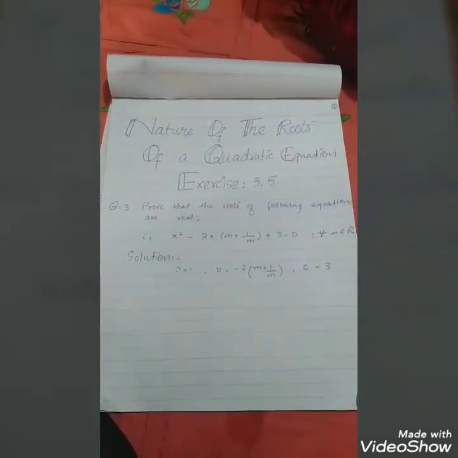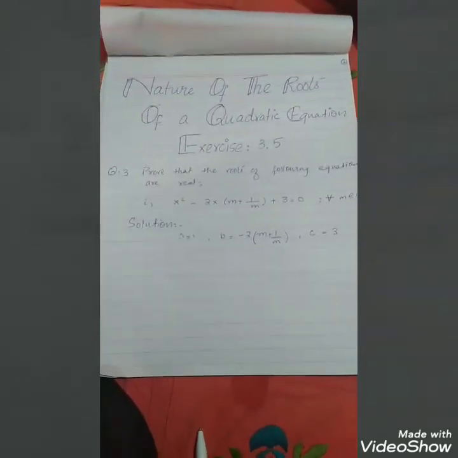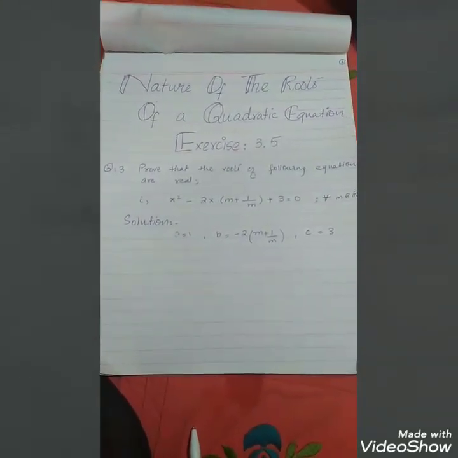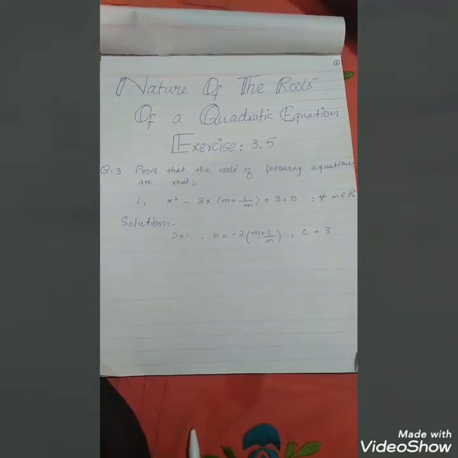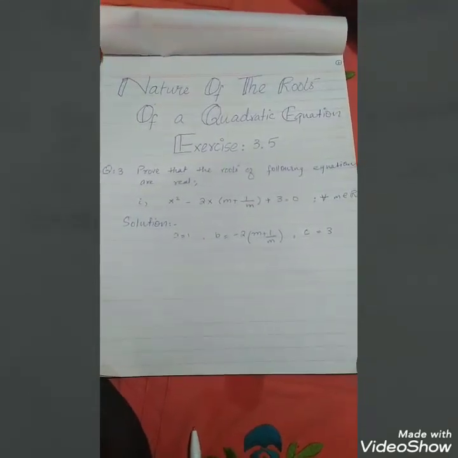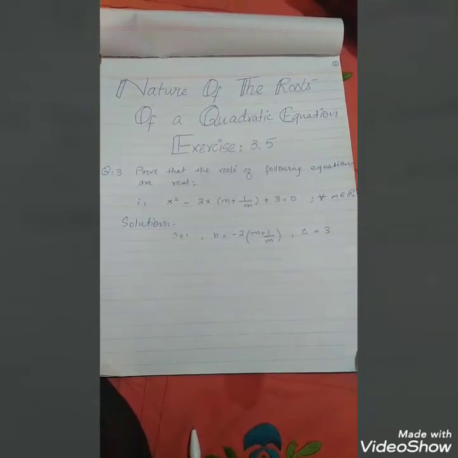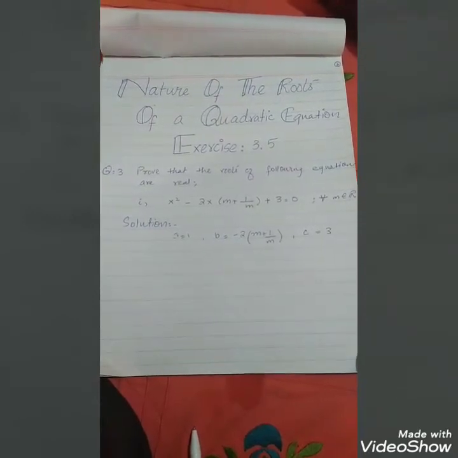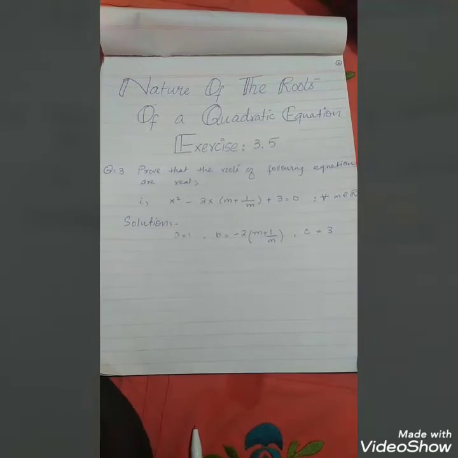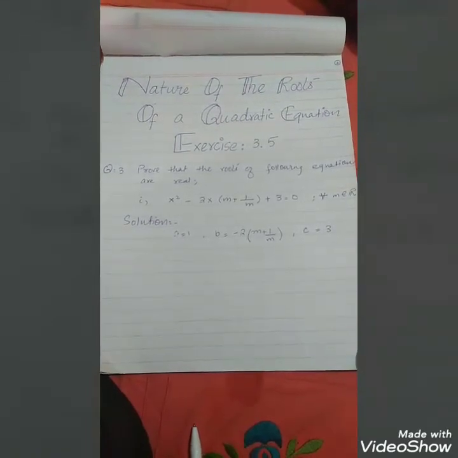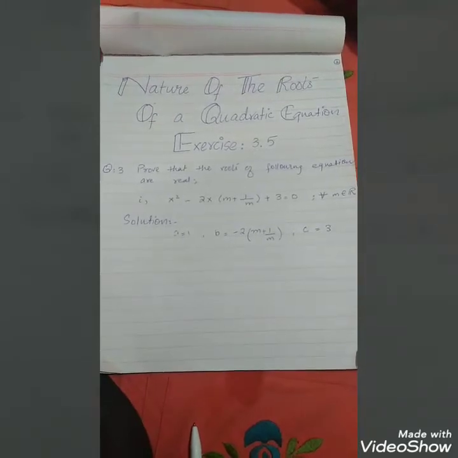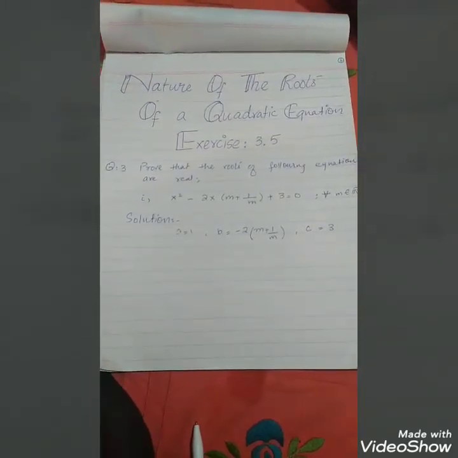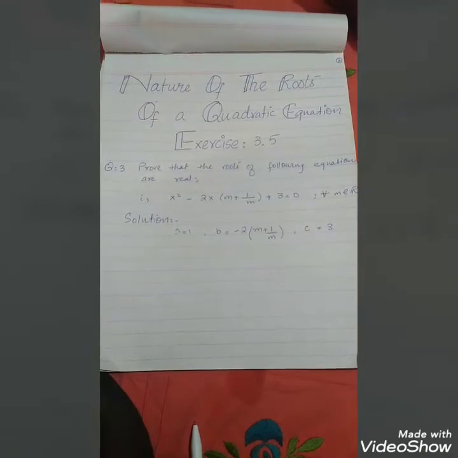Based upon the theory we have discussed earlier, the roots of the quadratic equation can be determined using the quadratic formula, but if we are interested in finding out the nature of the roots, we do not solve the equation completely, but we only find out the value of the discriminant.